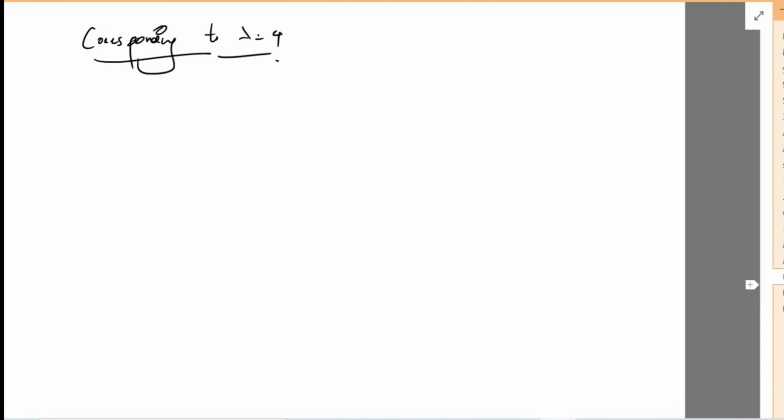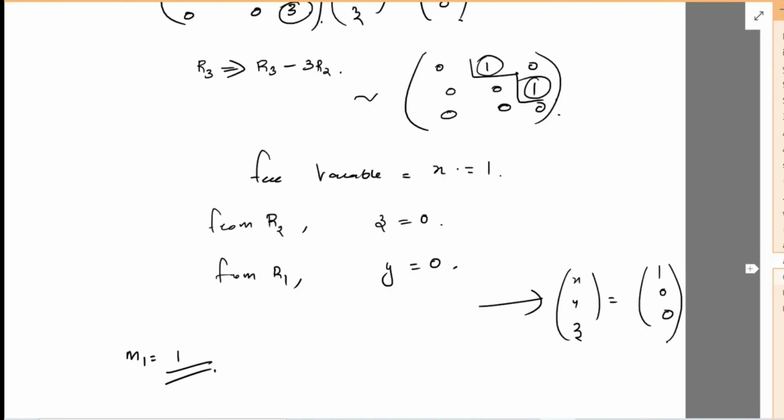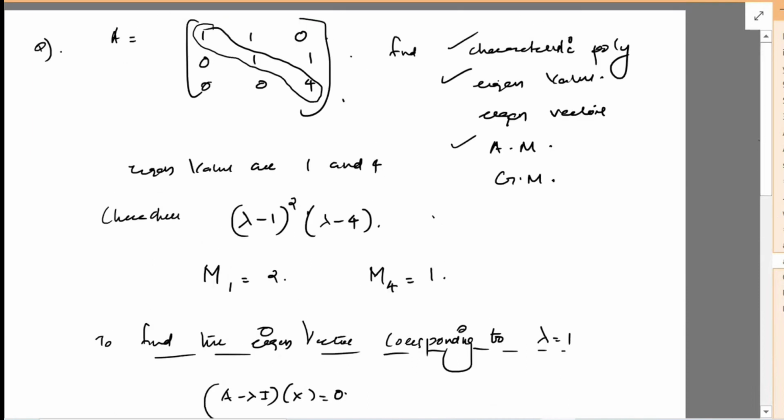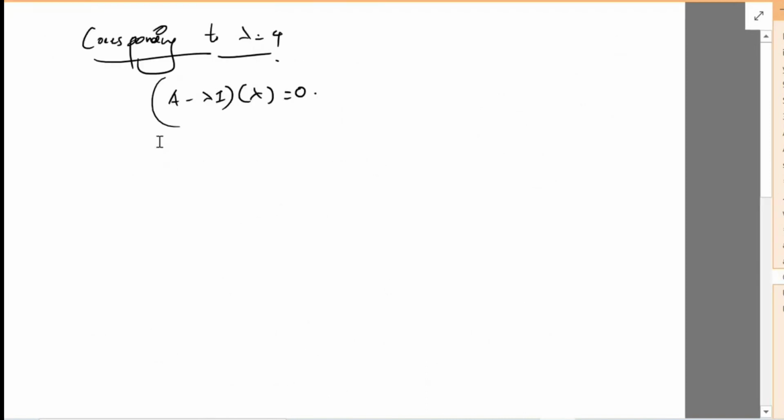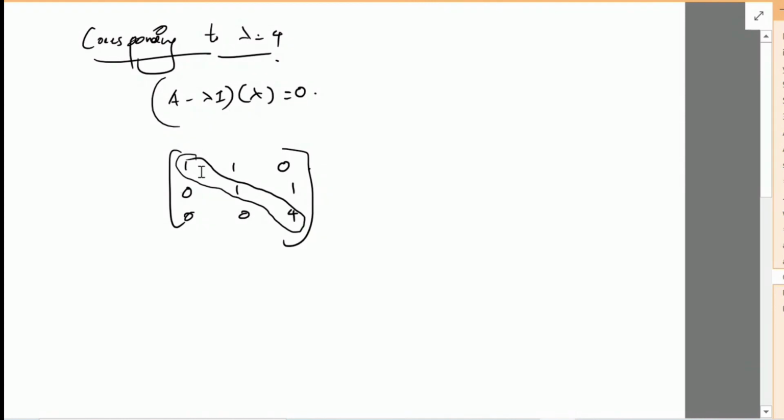Okay, we need to solve (A minus lambda I) x equal to 0. Here lambda equal to 4. So the matrix will be, subtract 4 from the diagonal entries, which will be minus 3, 0.